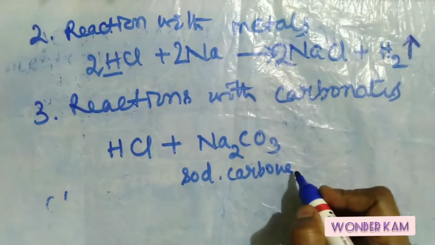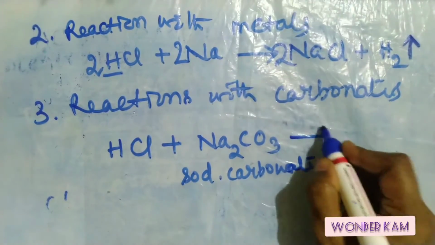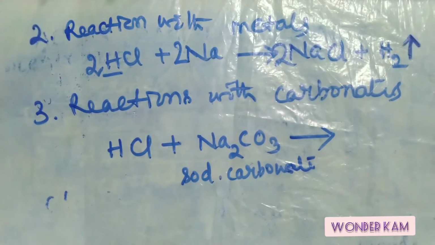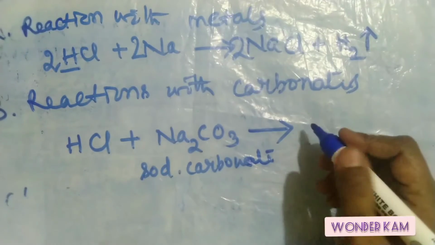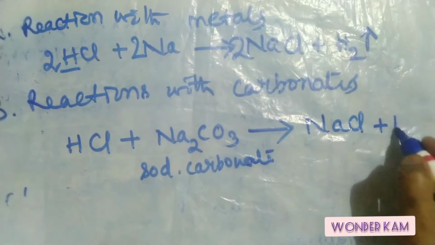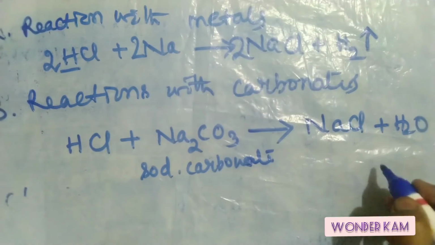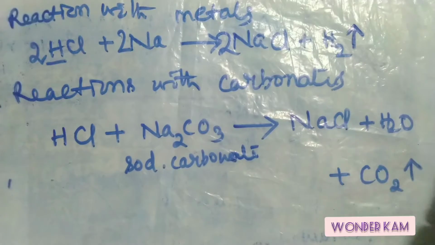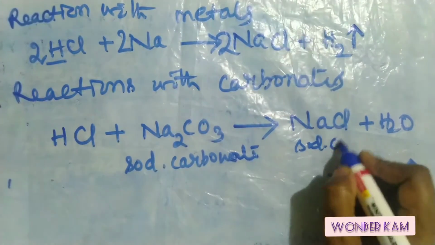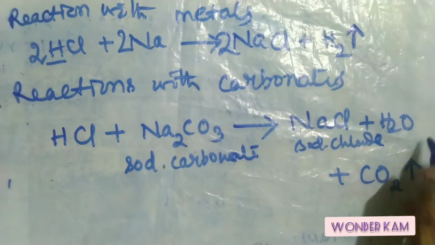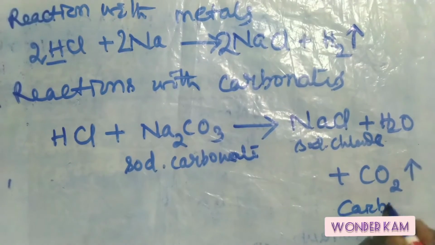When it reacts with sodium carbonate, then we'll get sodium chloride, water and carbon dioxide. Again I am putting one arrow here because this is a gas. So this is sodium chloride, this is water, and this is your carbon dioxide.